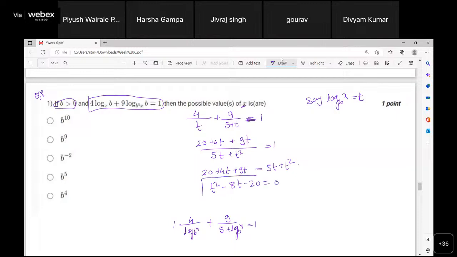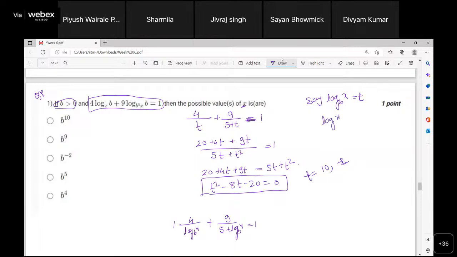So what are the roots of this expression? Yes, anyone? 10 and minus 2. Yeah, 10 and minus 2. But what is our t here? This, right?